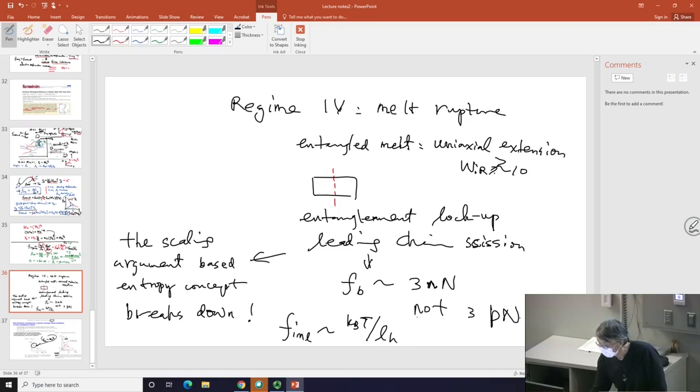Even if you force yourself to speak about cone length, which is all there is in a coarse-grained model of polymer chain dynamics, you are far from reaching the condition for the chain to break up. So that's where this whole scenario breaks down when you want to treat this region 4 melt rupture.